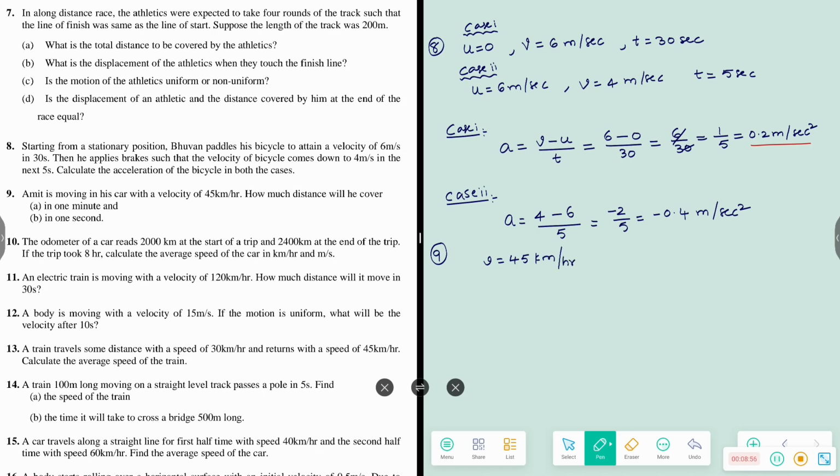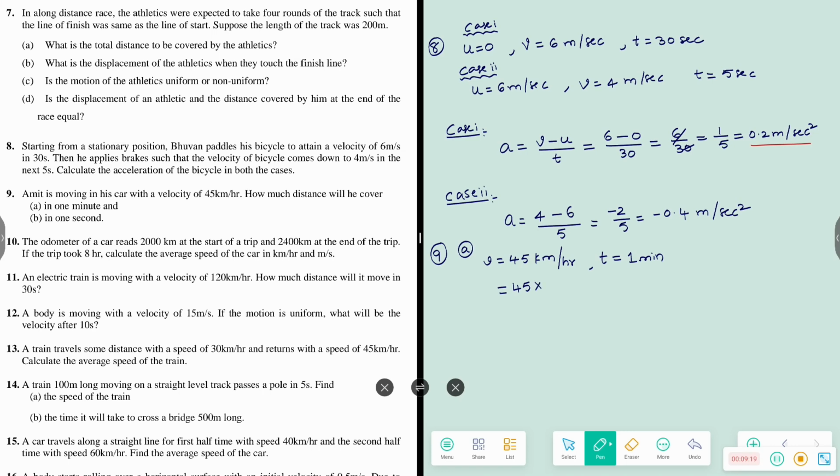And time in both the cases. In the first case, time is 1 minute. So we can convert this 45 kilometers per hour into meter per second. How can we convert kilometer per hour into meter per second?